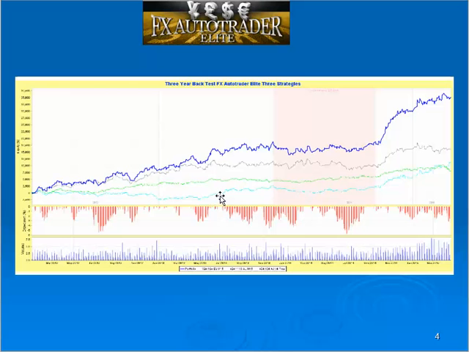Whereas individually, the Aussie one had about a 30% maximum drawdown, and these other two had somewhat less than 20%. But trade them together as a portfolio, and we only had an 8% drawdown over the 3-year period from January 2012 to April 2015.